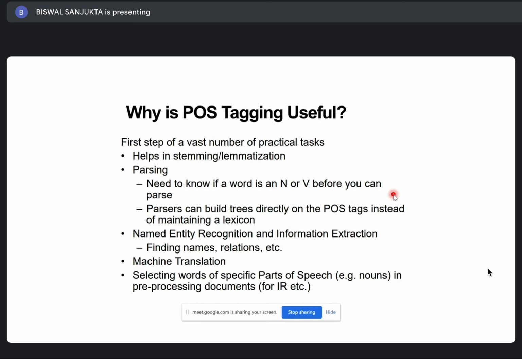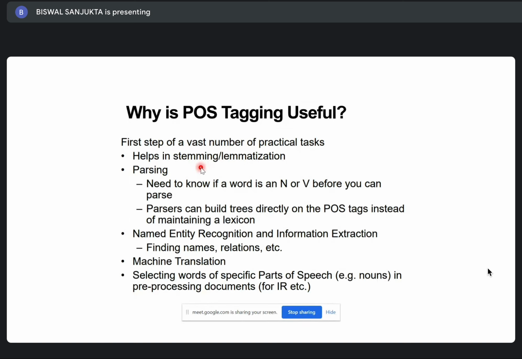Basically, in our pre-processing of any text data, we do stemming or lemmatization. We do it as part of pre-processing because it will help us create embeddings, and then you create a model using that embedding.